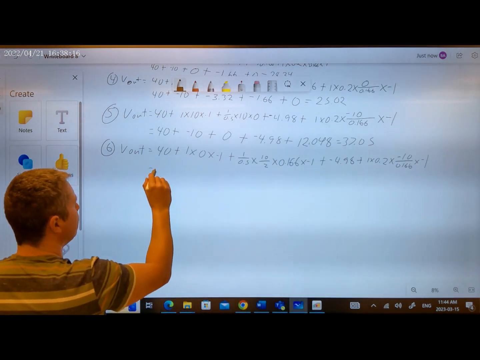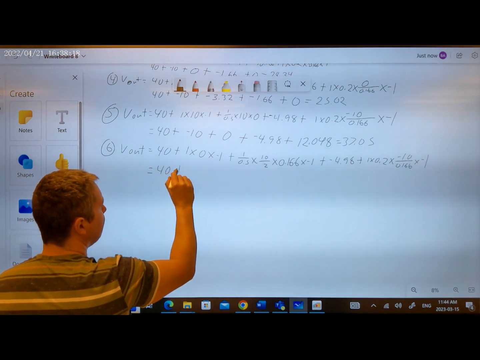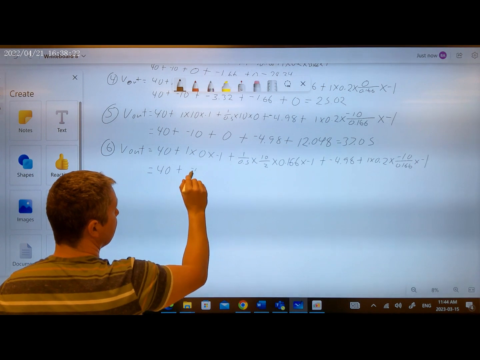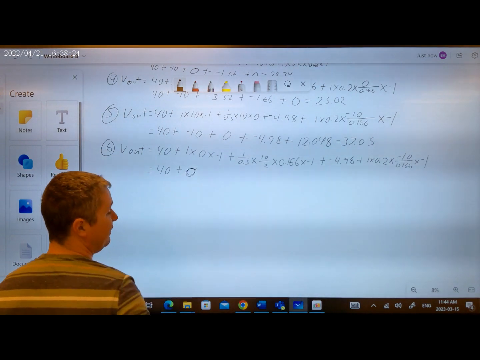So that equals 40 plus 0, because we're at 50.